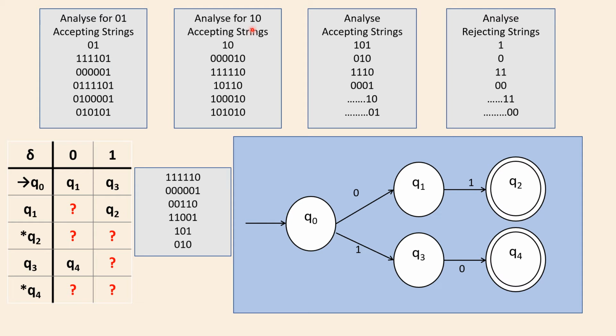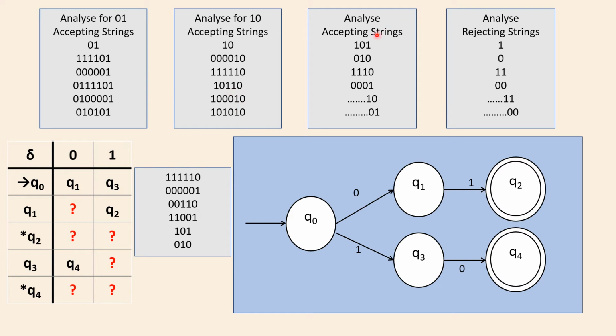Now if the string is ending with 1, 0, this also has to be accepted by the DFA. So the minimum string is 1, 0 which has been accepted. N number of zeros ending with 1, 0 should be accepted. N number of ones ending with 1, 0 should be accepted, or combination of zeros and ones which are ending with 1, 0 has to be accepted.